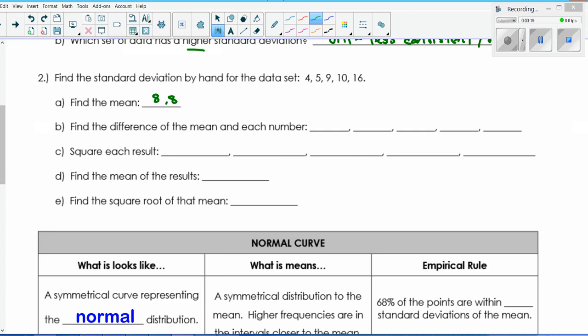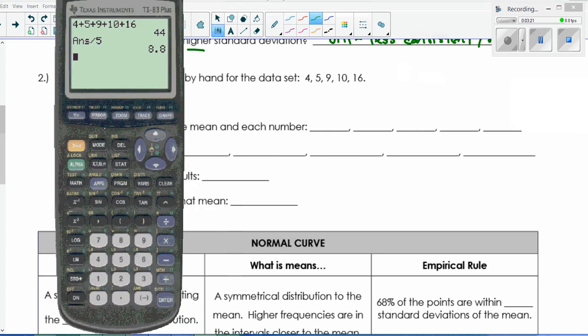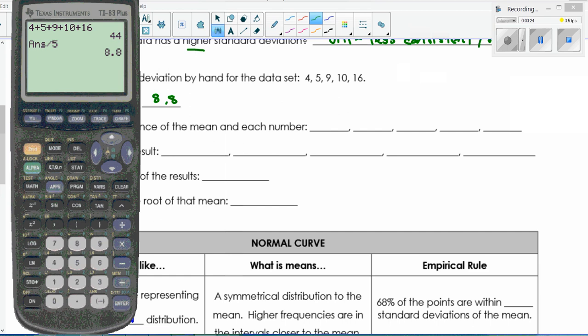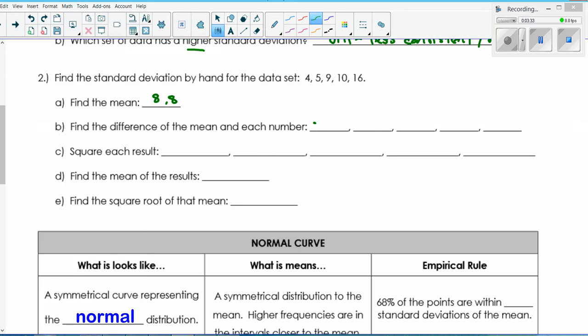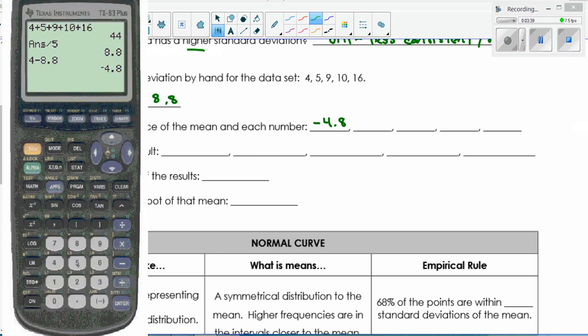Next, find the difference of the mean and each number. That just means how far is each of these numbers from the mean. So if we do 4 minus 8.8, and it's okay if you leave these negative because we're actually going to square them in the next step anyways. I'm just taking each of these numbers and subtracting the mean from it.